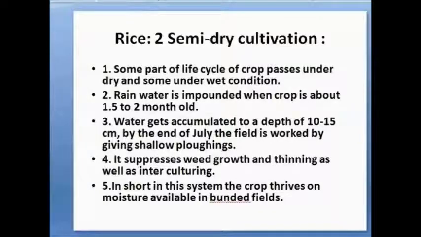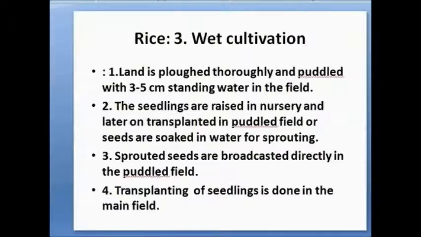Third is wet cultivation. Name itself indicates that full water is given. Firstly, land is plowed thoroughly and puddled condition is made when there is 3 to 5 centimeters standing water in the field. Means water is accumulated in the field, and in that standing water shallow plowing is done, so that will make puddled condition.